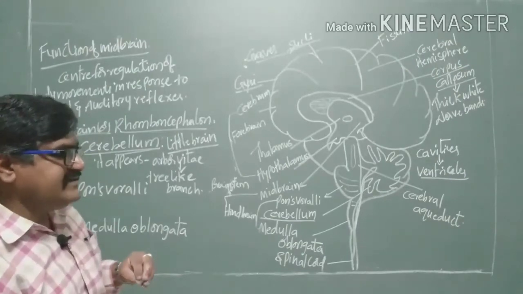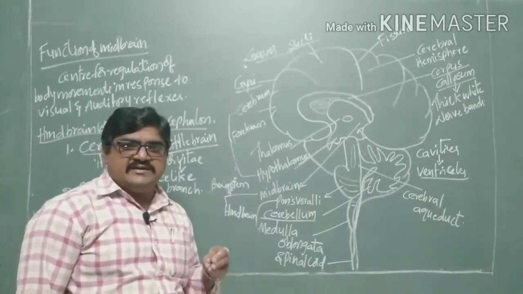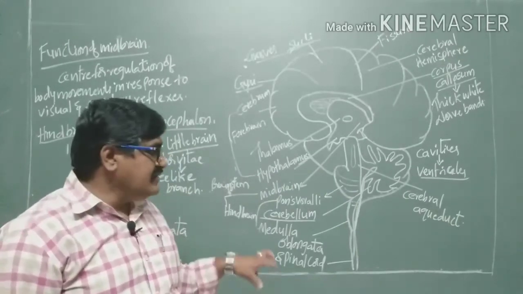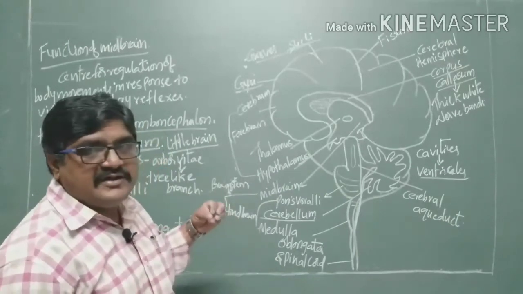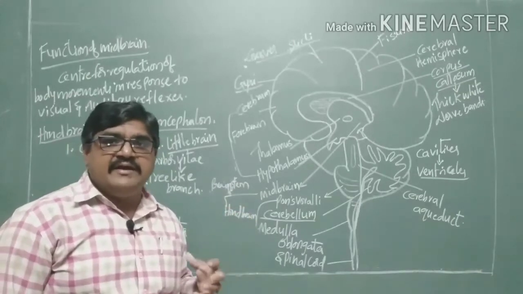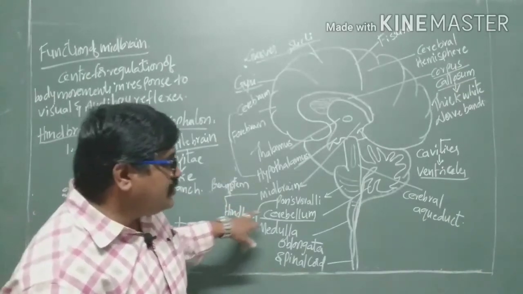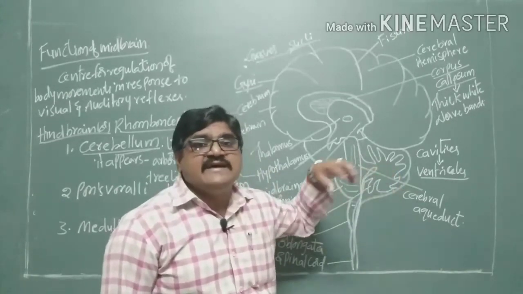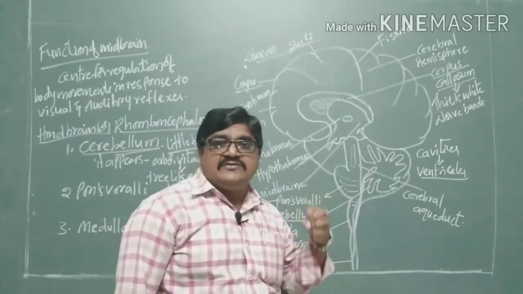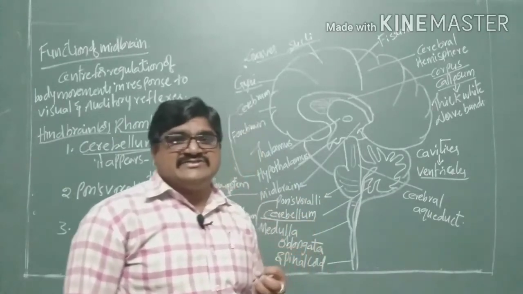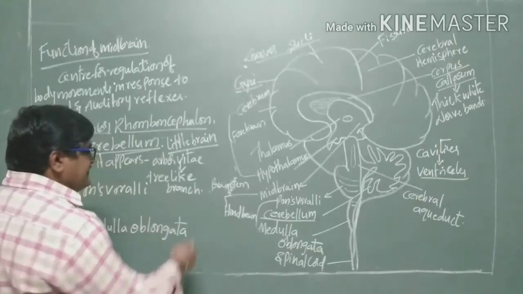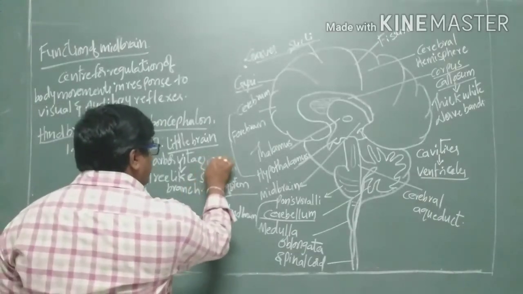The 3rd ventricle opens into the 4th ventricle by a common passage called the iter, or aqueduct. The two cerebellar hemispheres are connected by a small worm-like structure called the vermis.